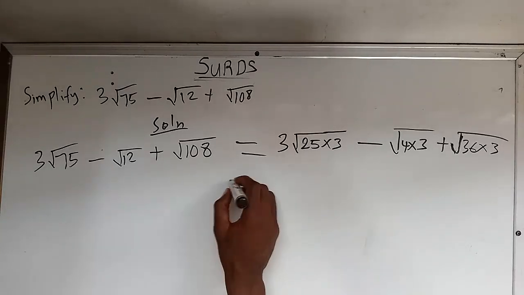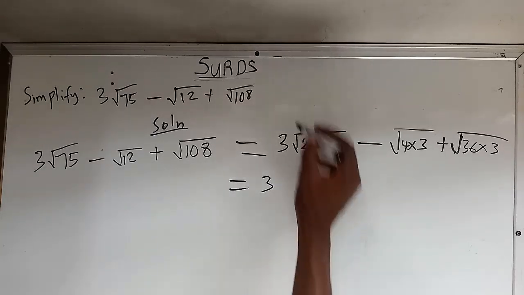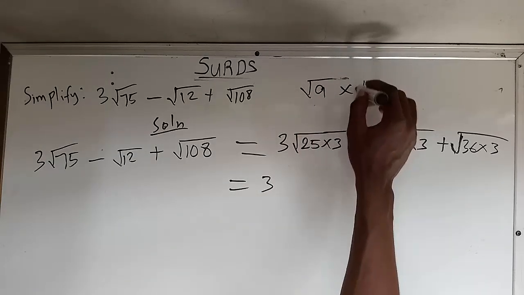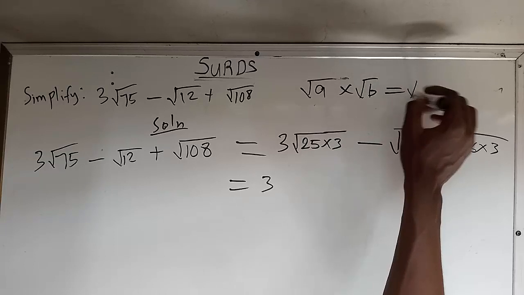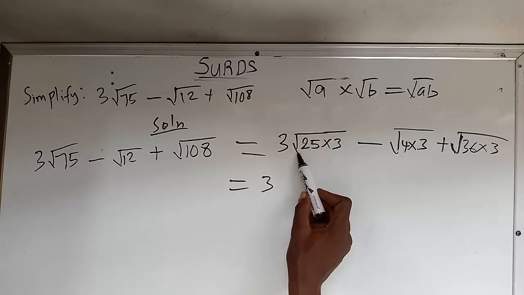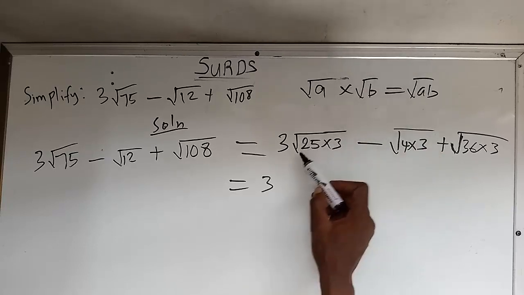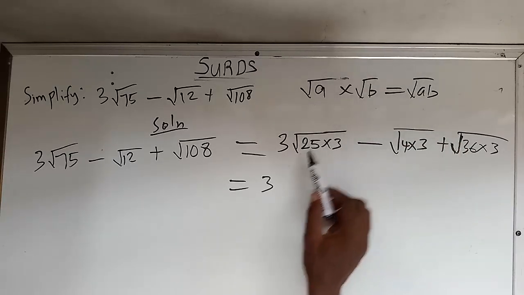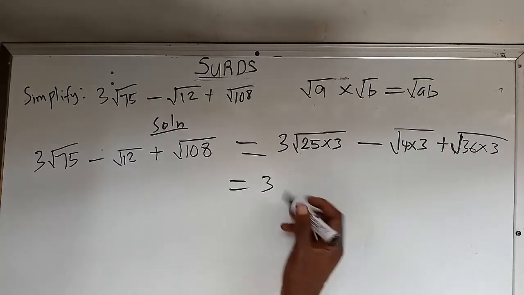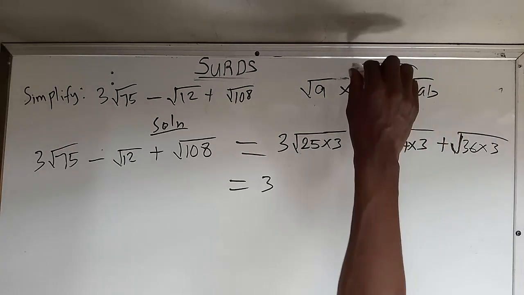Now we simplify further. If you have root A times root B, you get root AB. So as at now, root 25 times root 3 is the same as root AB, so we have to move backwards.